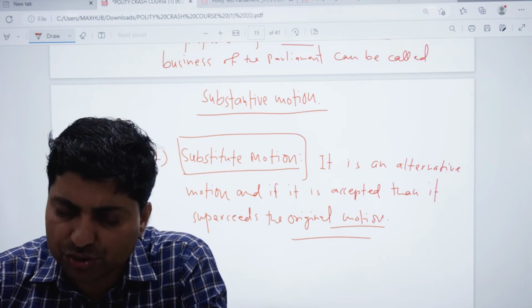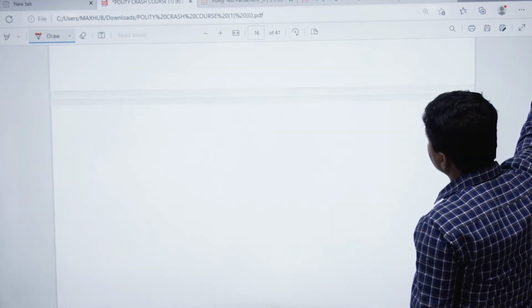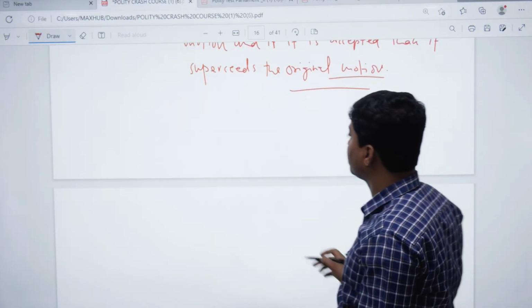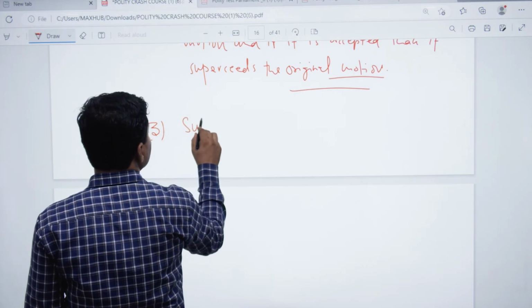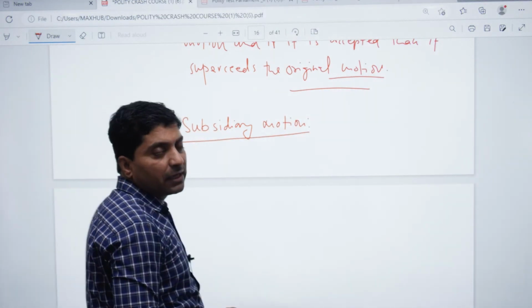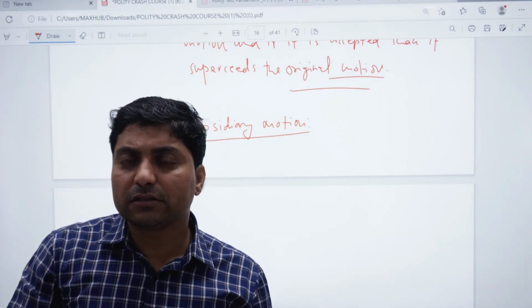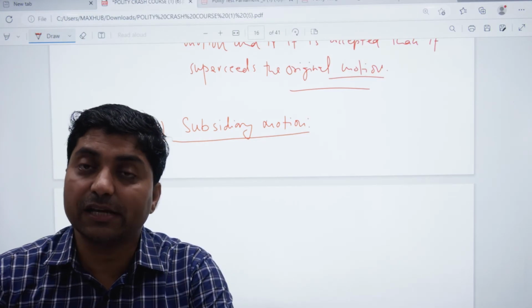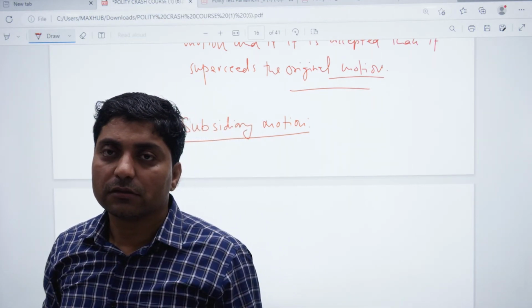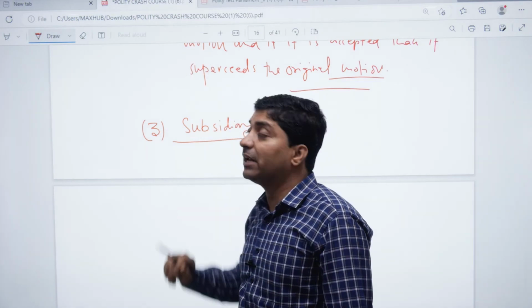Now third is called subsidiary motion. सब्सिडरी मोशन. अब क्या है कि आपने इंडिपेंडेंट सेल्फ कंटेन्ड मोशन डाला, सब्सटेंटिव मोशन डाला, राइट, बट कुछ भूल गया, तो आपने क्या किया, एक अलग तरीके से एक मोशन बना दिया जो उसको हेल्प करेगा, उसको एक्सप्लेनेशन में हेल्प करेगा, राइट. उसको बोलते हैं सब्सिडरी मोशन. यानी कि इस मोशन का अपना कोई मतलब नहीं है जब तक ये पहले वाले के साथ पढ़ा जाए.